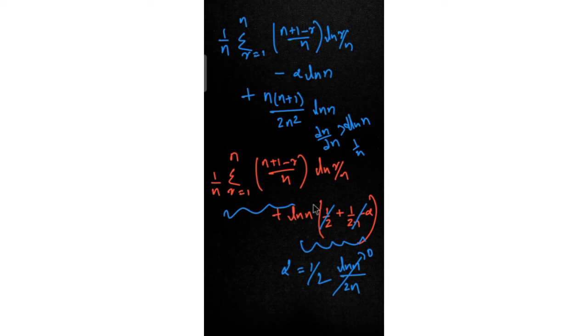And now coming to this term, I'll evaluate this on the next page. So that is 1 by n, sigma r equal to 1 to n, (n plus 1 minus r) divided by n, ln r by n. Fine, so this is the term that we are finally left with.